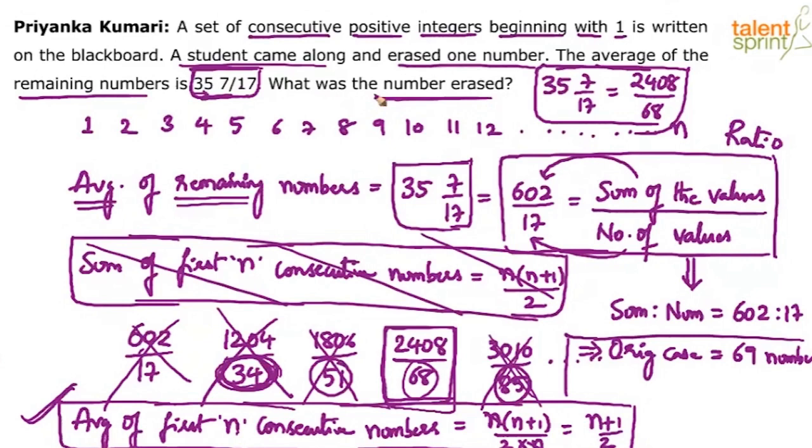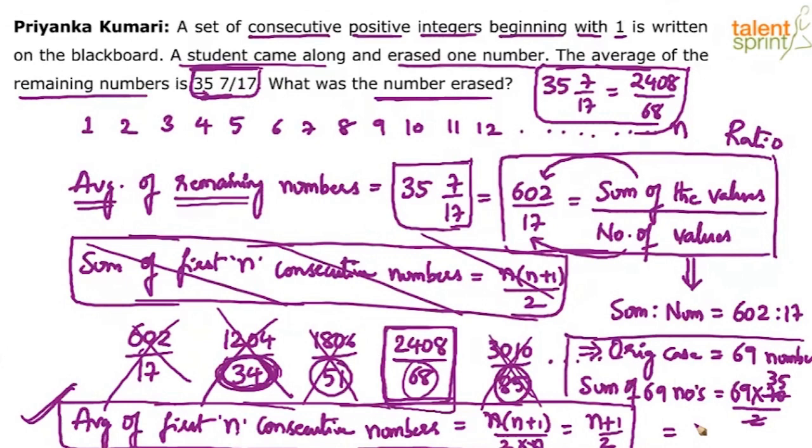See, we know the sum of the first 69 numbers. What will be the sum of these 69 numbers? 69 into 70 by 2. Find out what is 69 into 70 by 2. It will be 69 into 35. How much is 69 into 35?